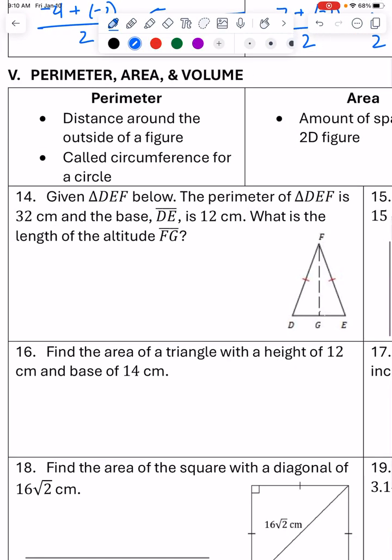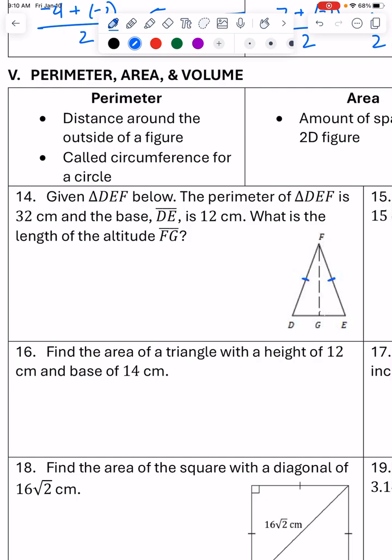So in 14, okay, it says given triangle DEF below, the perimeter of DEF is 32 centimeters and the base DE is 12. What is the length of the altitude FG? Altitude FG. So in this case, we've got some information. We're told these two sides are the same.